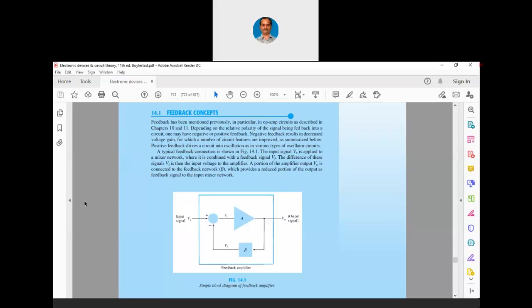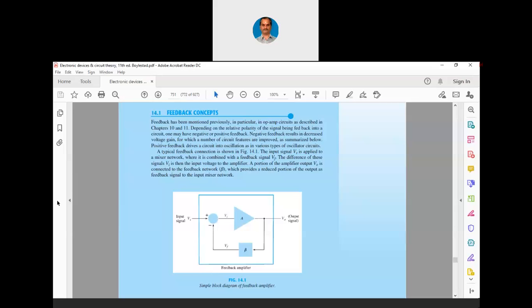In module 3, we discussed the low frequency as well as high frequency response of both BJT and FET amplifier circuits. Now we move on to another important circuit part called oscillators. This module is named feedback concepts along with oscillators. So first let us discuss feedback.